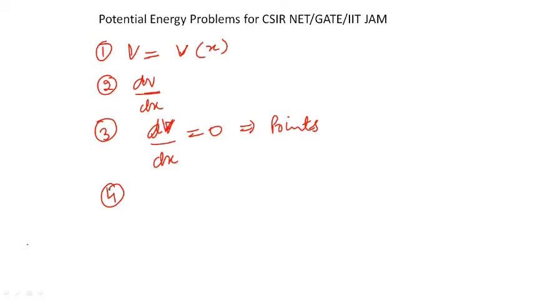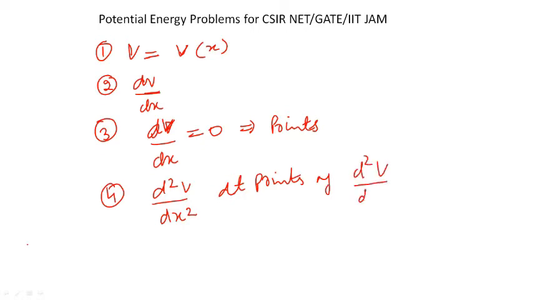Then we find d2V over dx2 at the points. If it is positive, then the points are stable equilibrium points.